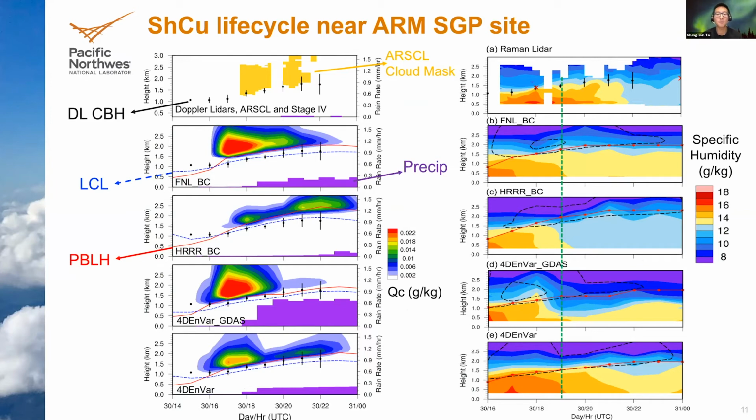The top left panel provides the observed quantities, such as the Doppler LiDAR estimated cloud base height, given by the dots here, and the standard deviation is shown by the error bar. You can also see the yellow shading, which is the R-scope cloud mask. And then the Stage 4 precipitation is given by the purple bars on the map here.